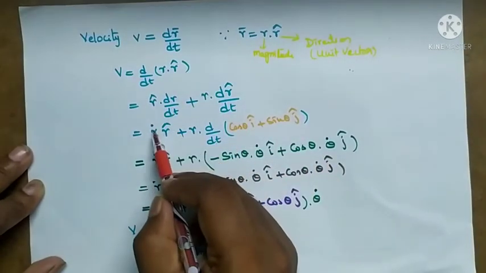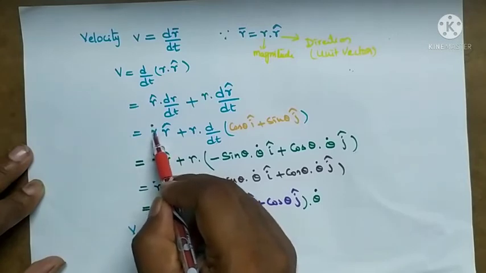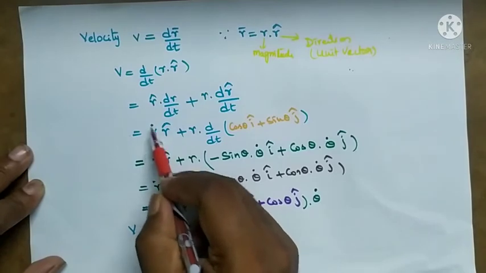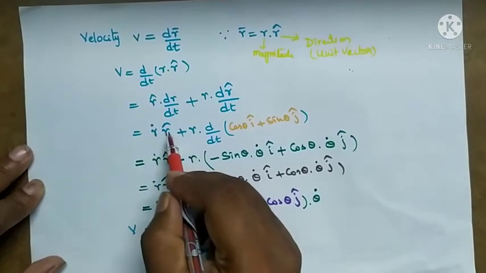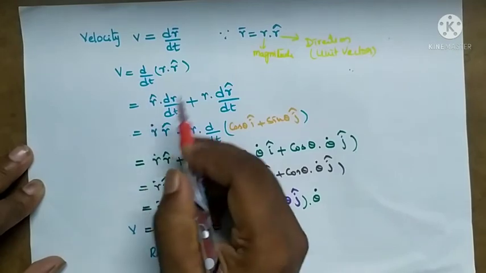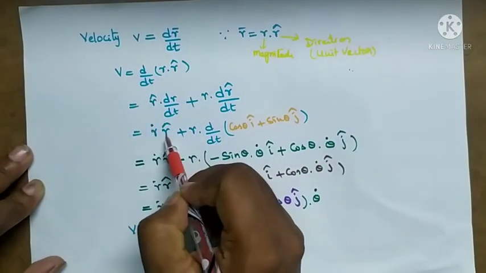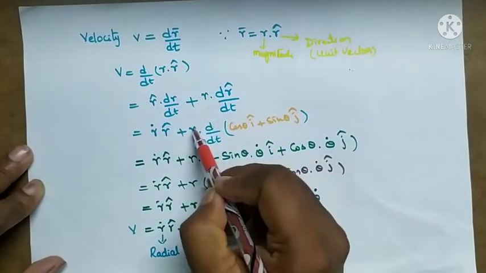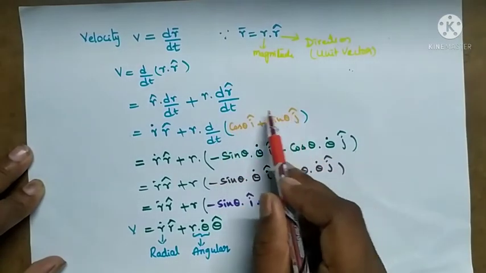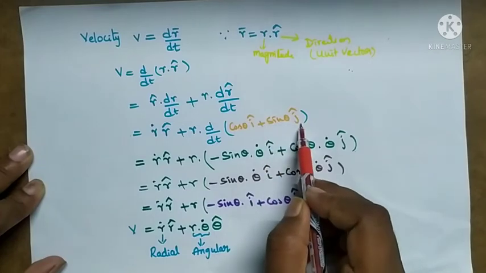Then this dr by dt can be written as r dot, a point over a physical quantity represents the differentiation of that quantity with respect to time. So r dot is nothing but dr by dt, and r cap is as it is. Then r into d by dt of the unit vector. The unit vector of the radial component is cos theta i cap plus sin theta j cap.